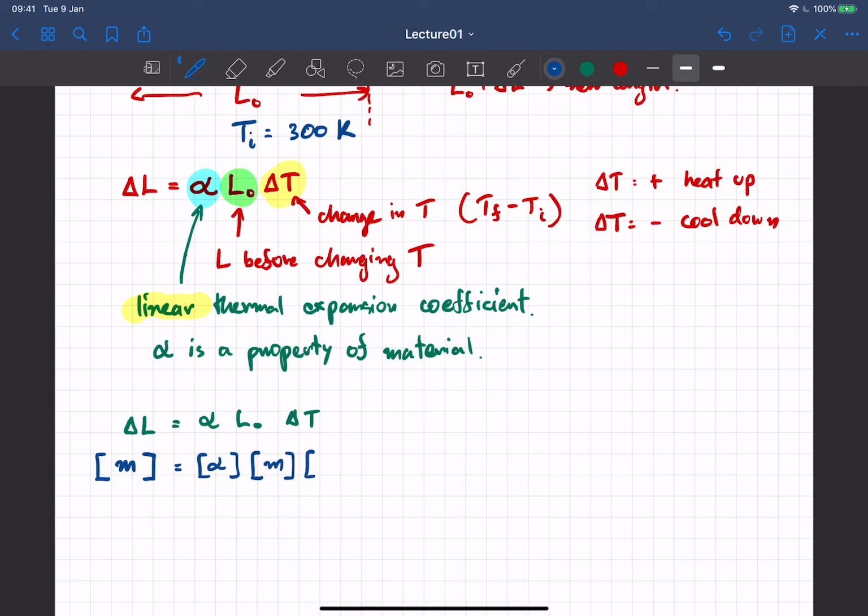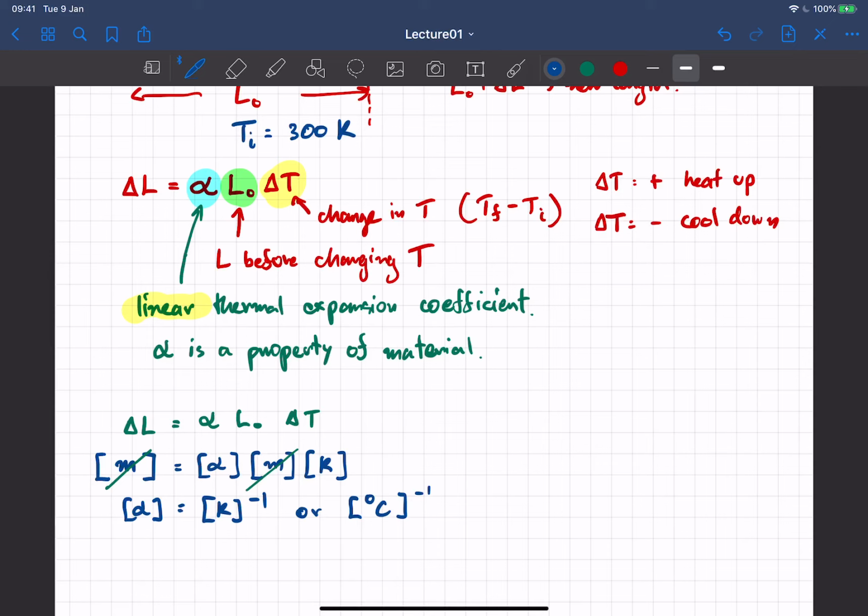And the unit for delta T is Kelvin or degree Celsius, it's the same. So when you cancel out the unit, you get the unit for alpha is Kelvin to the minus 1, or degree Celsius to the minus 1. So it's per degree Celsius or per Kelvin.